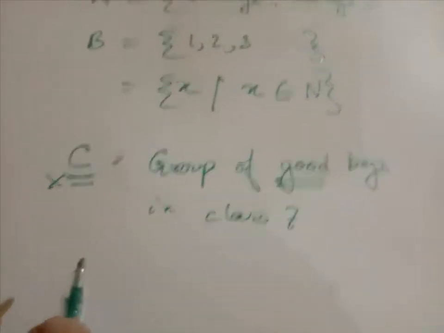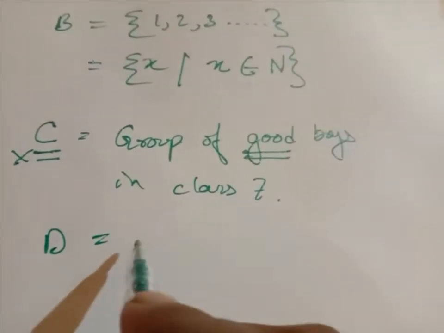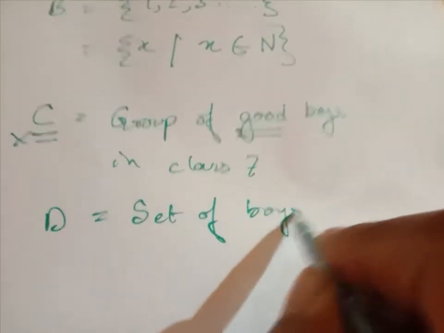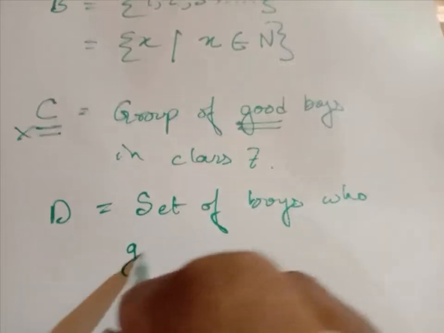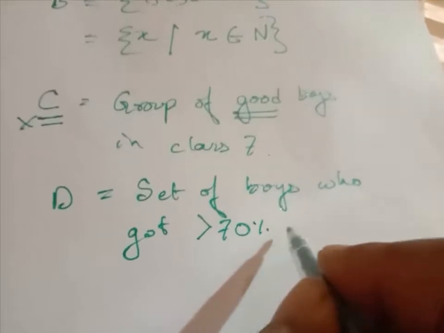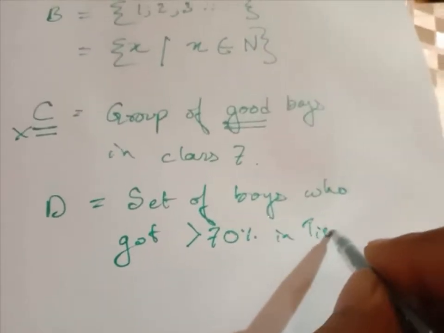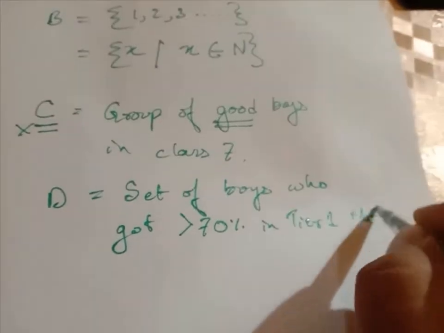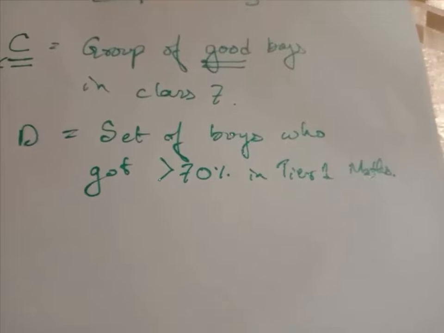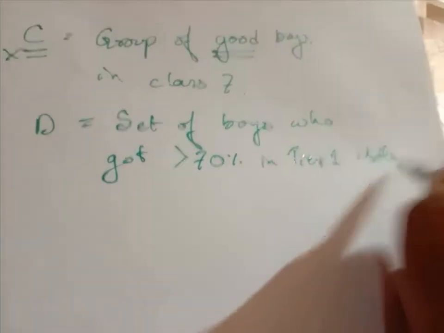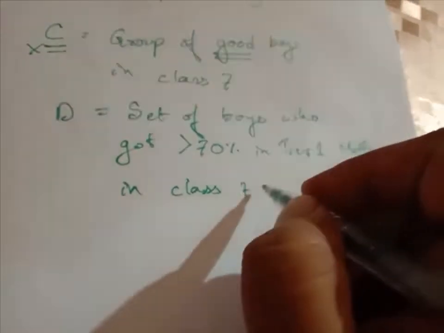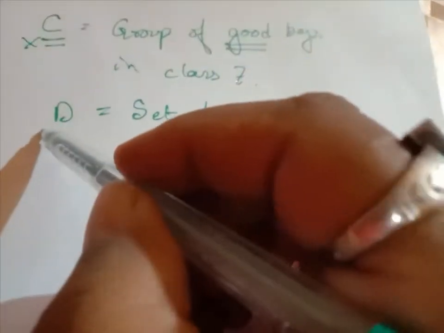But if you say D is the set of boys who got more than 70% in tier 1 mathematics in class 7, then this D can be called a set.